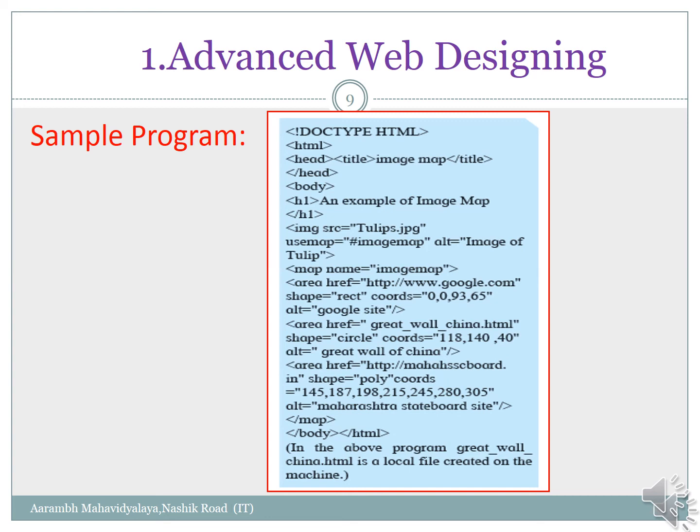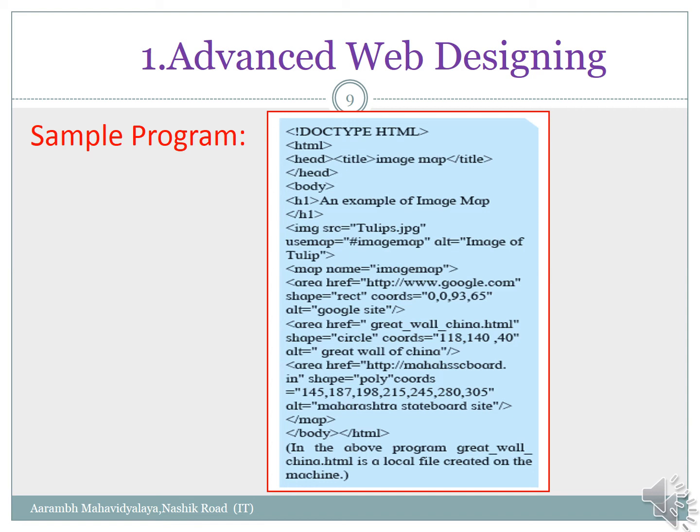The only difference is that you will never use the hash in the map name, and you have to compulsorily use it in usemap. Then we have to specify the coordinates, that is the hotspot regions, and for that we have to use the area tag.